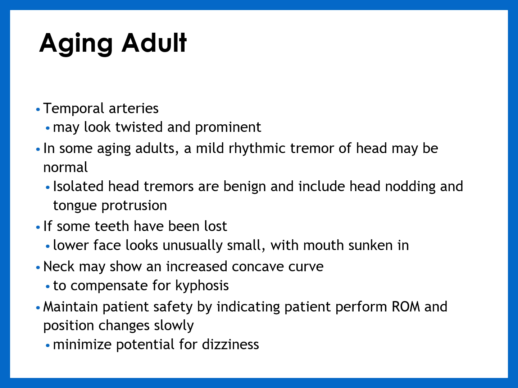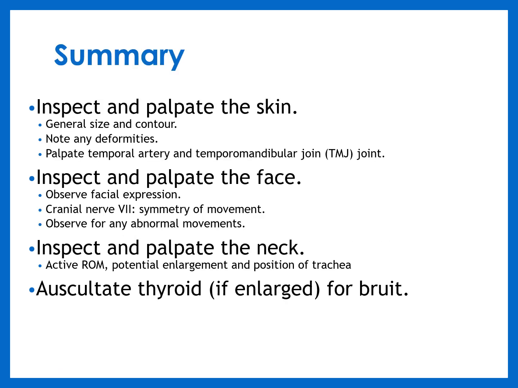When you ask the patient to perform range of motion, make sure you go slow to help prevent dizziness or falls. In older adults, prominent facial bones and sagging skin are normal, but if you see excessive asymmetry or fixed lesions, then definitely dig a little bit deeper.